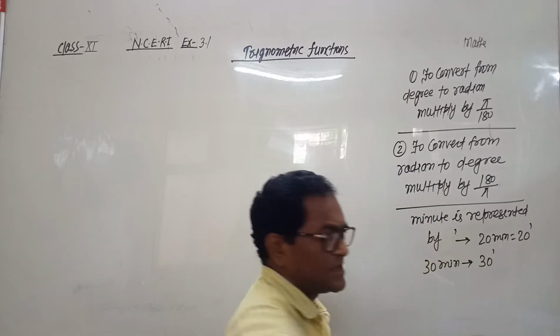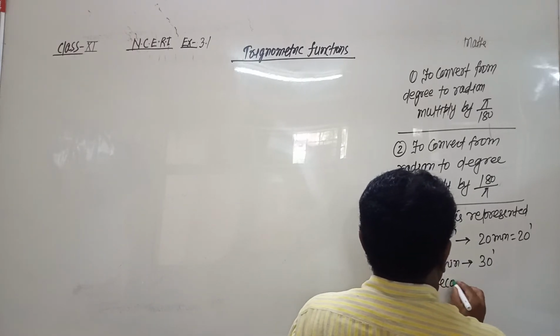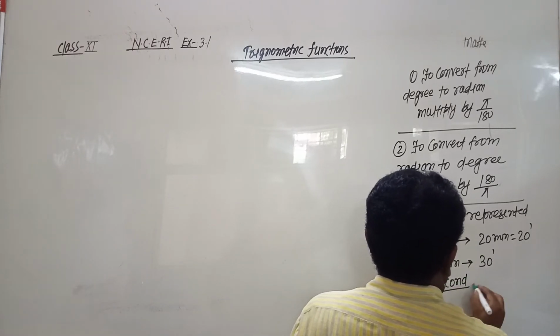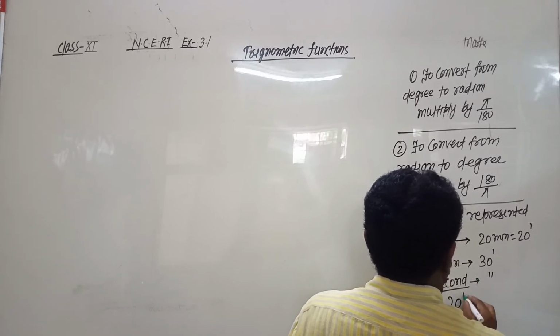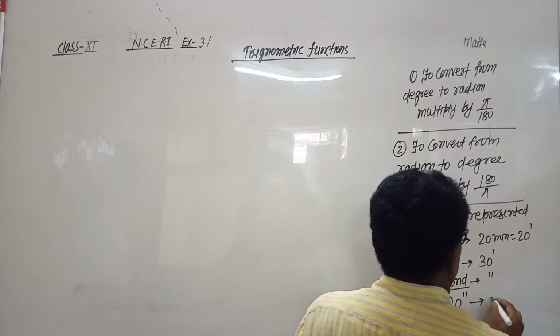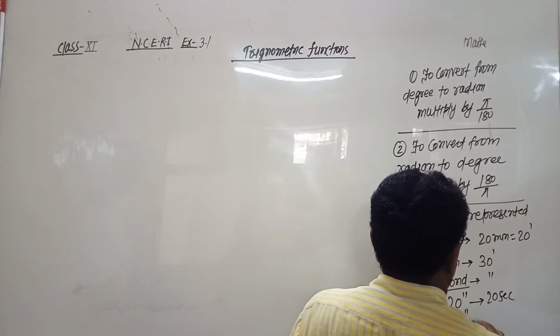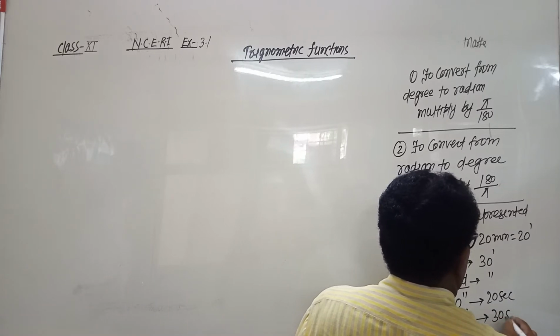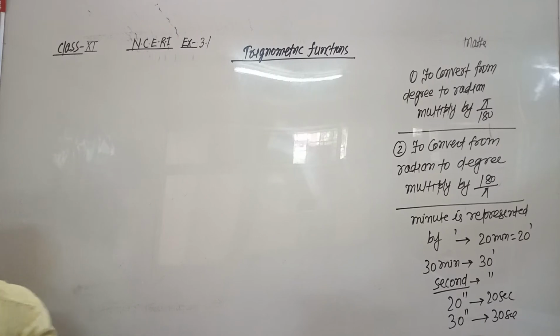So minute is represented by a dash and second is represented by a double dash. 20 double dash represents 20 seconds, 30 double dash 30 seconds. Double dash represents second and single dash represents minute.